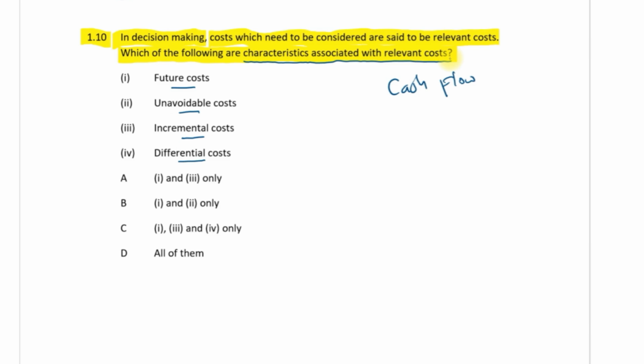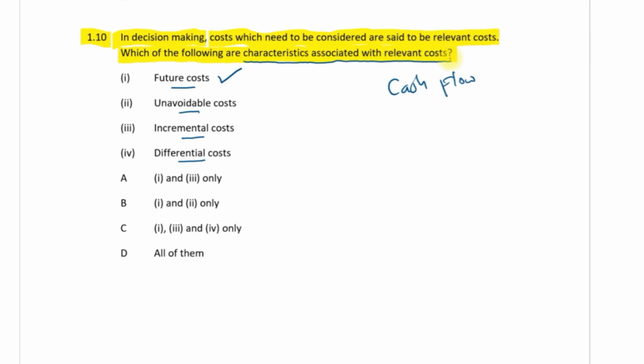Which one applies? Future costs, yes, they're future costs. Look at the example that I told you, that you're going to run a promotional campaign where you're going to reduce the price of your product. So it is a future undertaking.